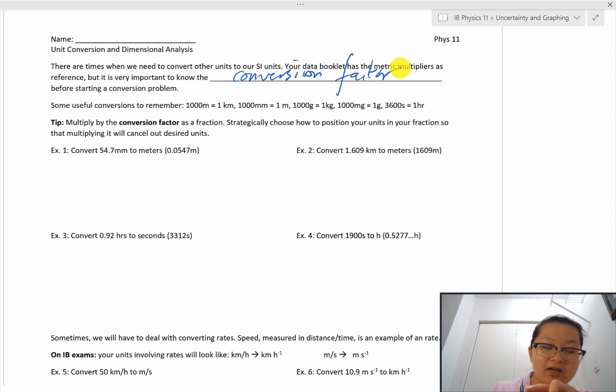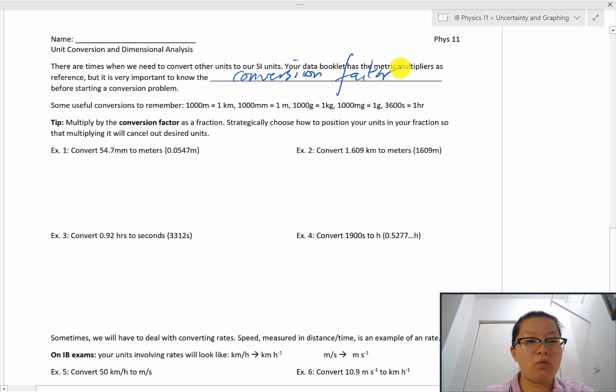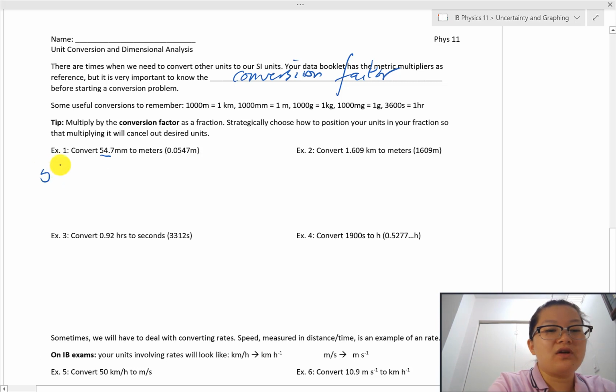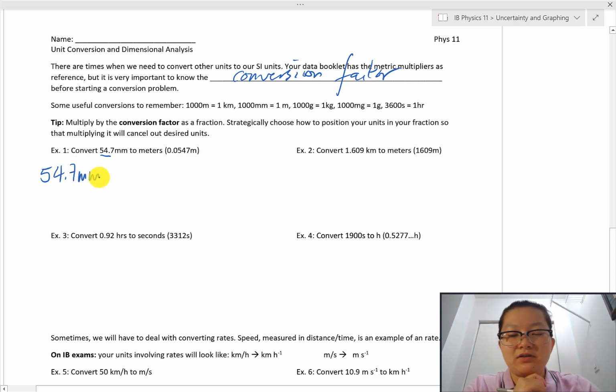Here's what I mean. Let's take a look at number 1. We are going to convert 54.7 millimeters to meters. So the first step is to write out this number, 54.7 millimeters.